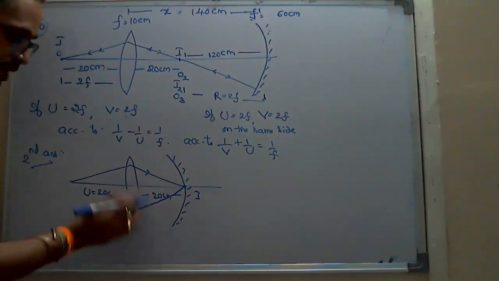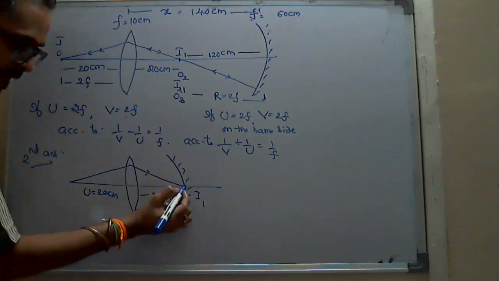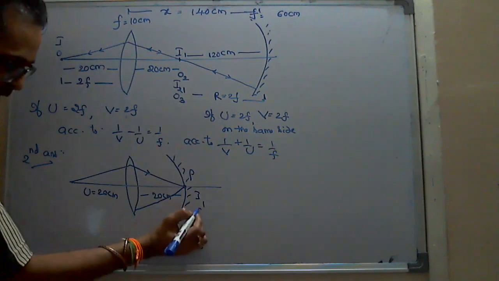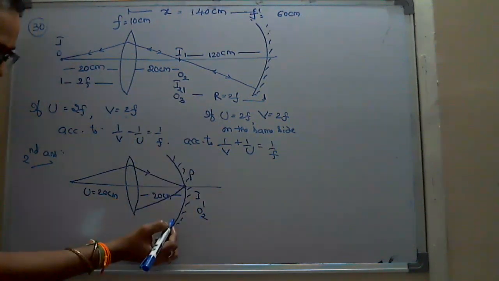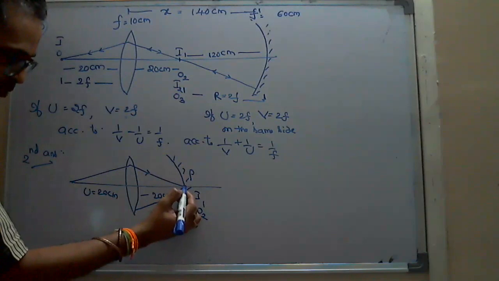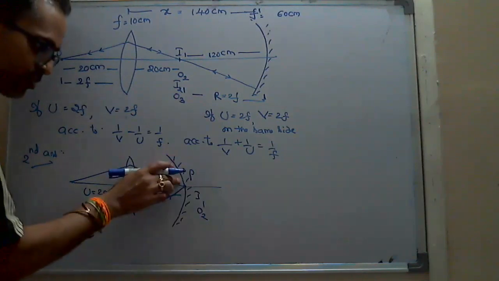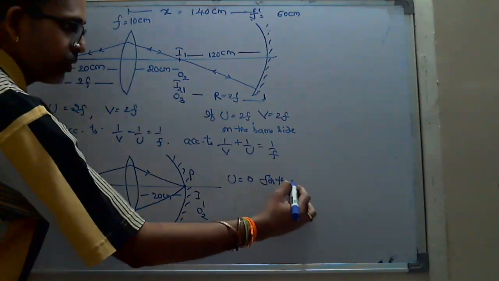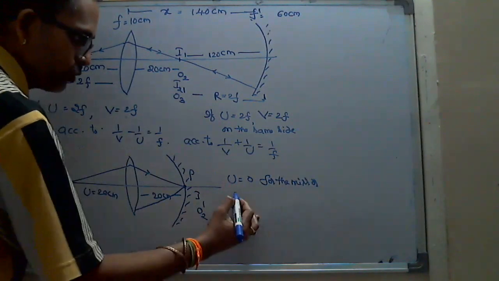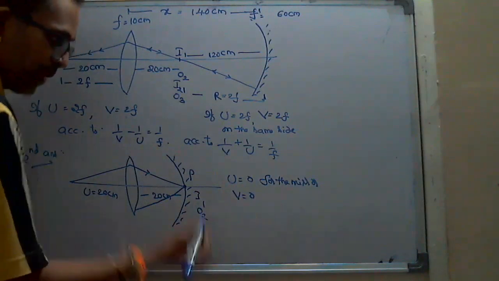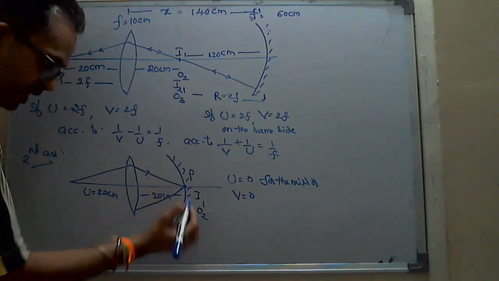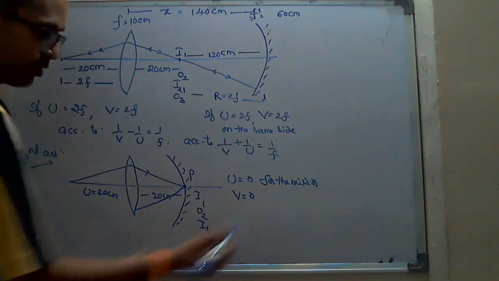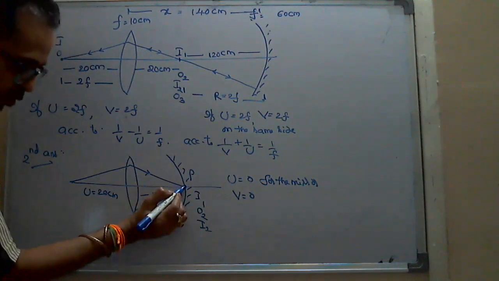Why? The I1 is formed at the pole, which behaves as the object for the mirror. The object coincides with the pole, so u is equal to 0 for the mirror. If u is equal to 0, then v is equal to 0, means the image of the concave mirror will be formed there only, at the pole.